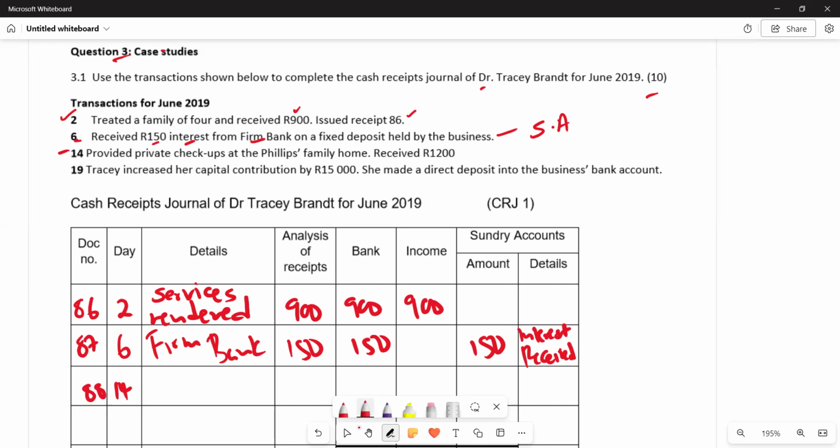It's now on the 14th: provided private checkups in the Phillips family house, received 1,200. This is part of the core activity, so obviously these are services rendered. We are having the same description that we have here because it's part of what the doctor is providing as services. So we're saying services rendered.